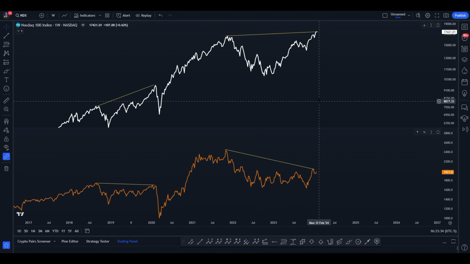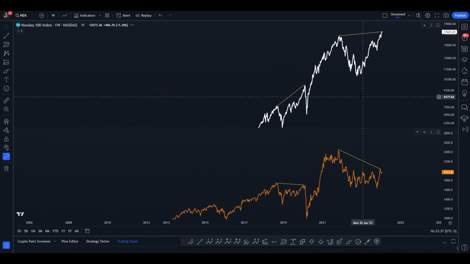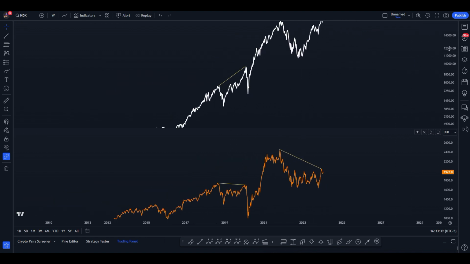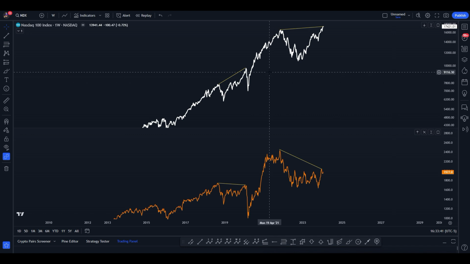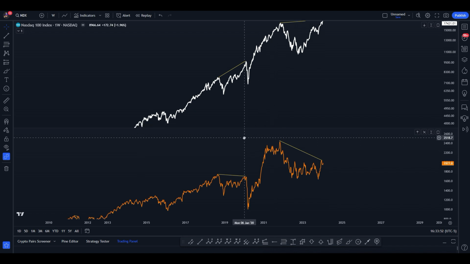Non-confirmation. So I went back in time and I said, well, what about all these other times? See if there are other times that the NASDAQ 100 and the broad market as a whole, being the Russell 2000, had non-confirmation highs. Didn't have to go too far. I went back between 2018 and 2020 and I found the same thing.